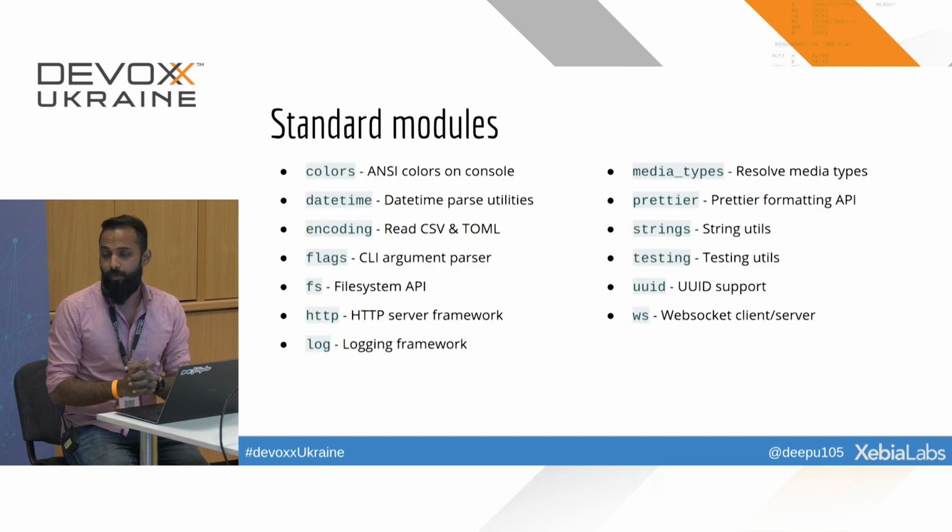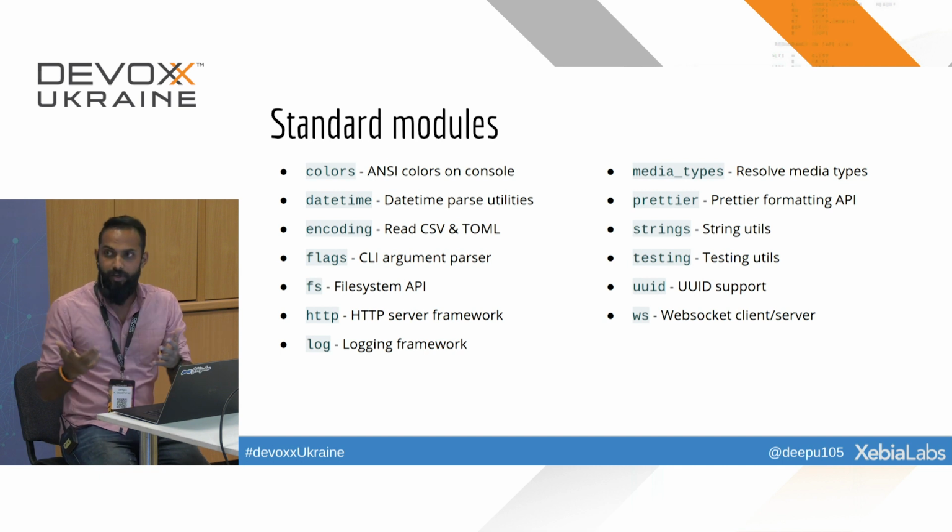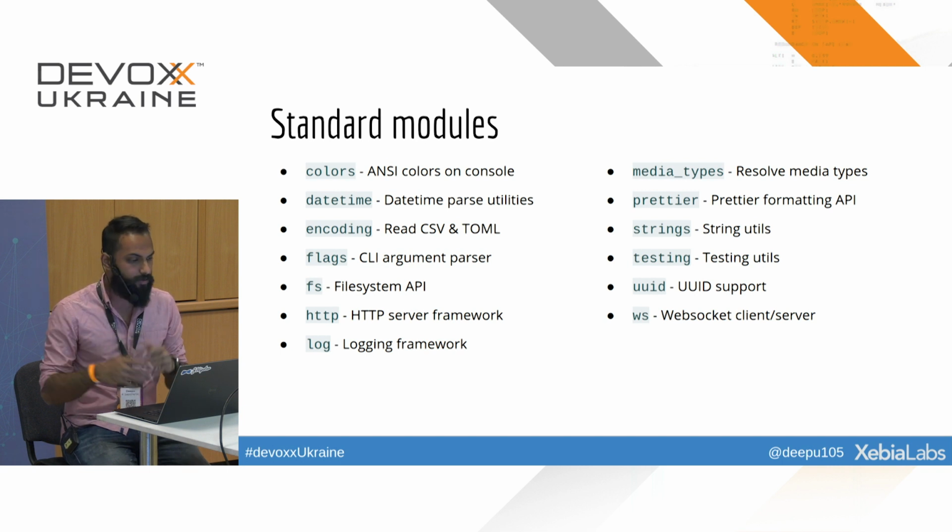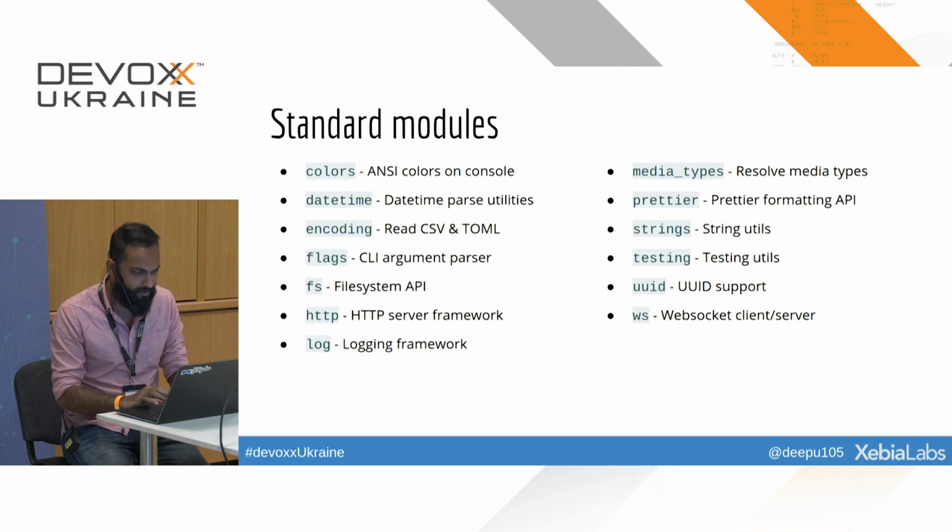So next thing is standard modules. Java already had that, standard modules, for quite a while. And newer languages also have standard modules. So this also has standard modules. At this point in time, this is quite limited, but I'm pretty sure it's quite new. As the framework grows, it's going to have even more standard modules. So now it has all sorts of stuff like colors, datetime, FS, flags, HTTP, WebSocket, these kinds of things.